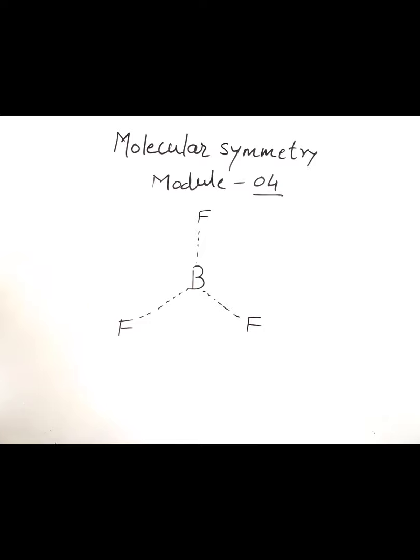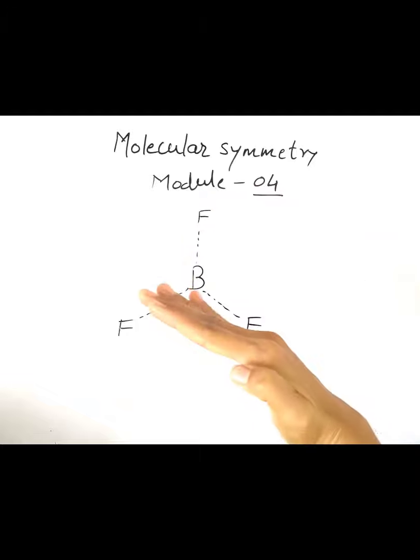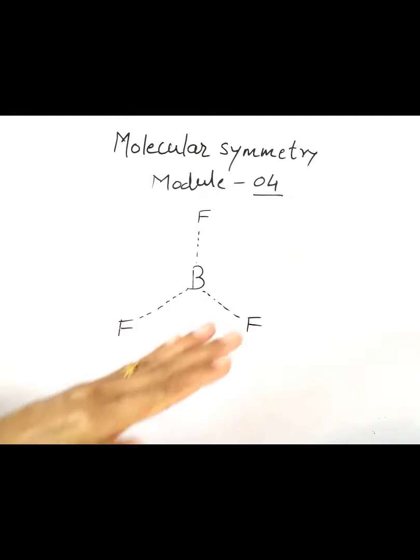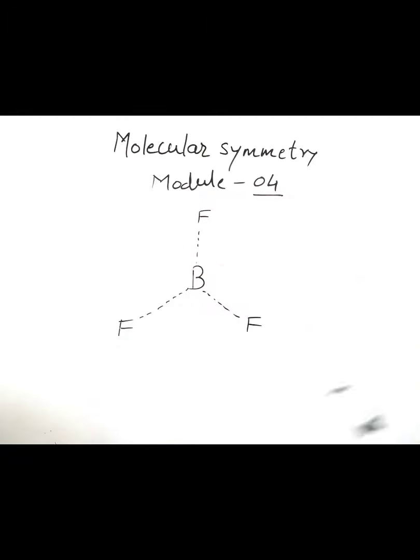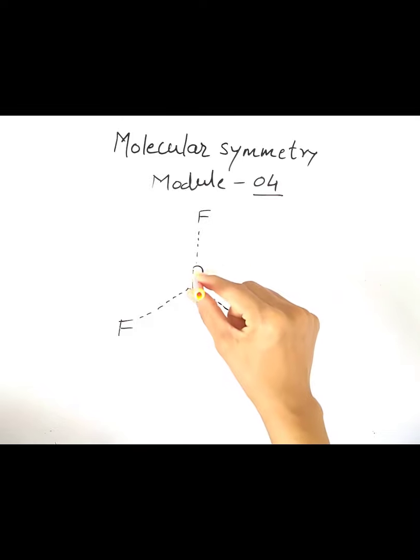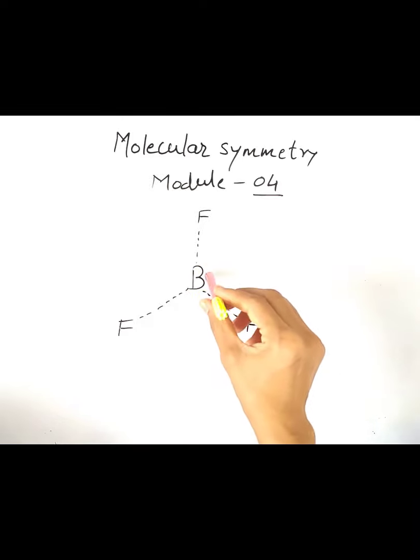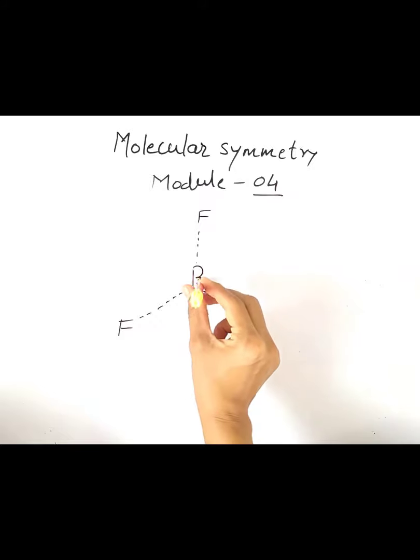We'll take a particular example so that you will get it in detail. We will take the same example again, the BF3 molecule. In this I have told you about the three planes that we can pass like this, 1, 2 and 3. Now in what way have we passed the principal axis in this BF3 molecule? It was like this, passing through the boron atom.